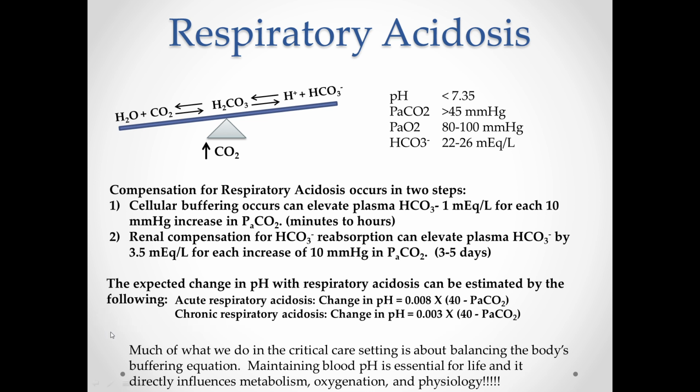Now, these numbers are important to keep in mind because much of what we do in the clinical setting is about balancing the body's buffering equation, and understanding the mechanisms by which metabolic compensation occurs for high levels of CO2 or a respiratory acidosis. And also remember that these mechanisms for compensation are essential for life, and directly influence metabolism, oxygenation, and physiology.